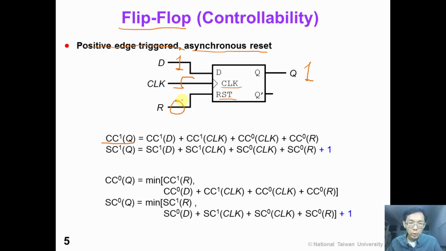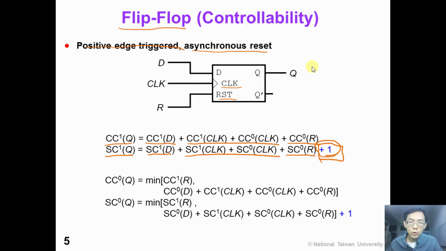At the same time, we need to hold reset to 0. So CC1 of Q is equal to CC1 of D plus CC1 and CC0 of CLK and CC0 of R. Similarly, SC1 of Q is equal to SC1 of D plus SC1 and SC0 of CLK and SC0 of R. But the difference is that we need to add 1 at the end of SC1. This is because we need 1 clock pulse to control Q to 1.